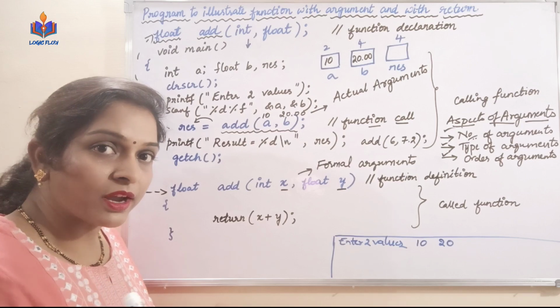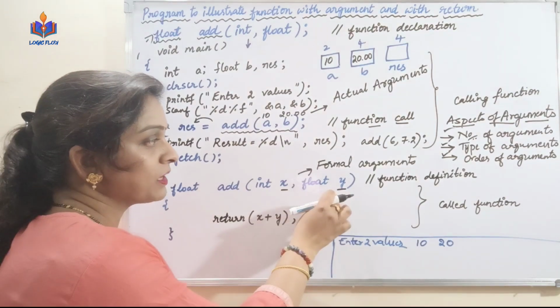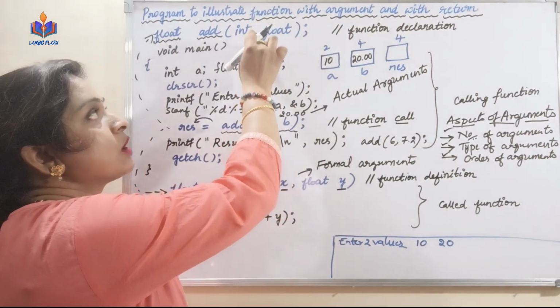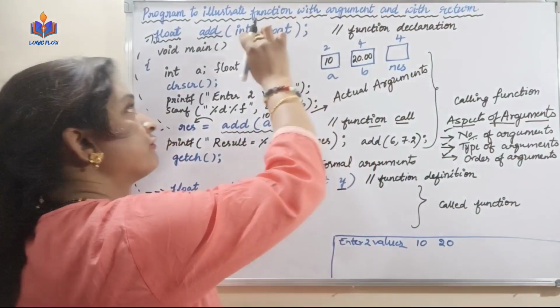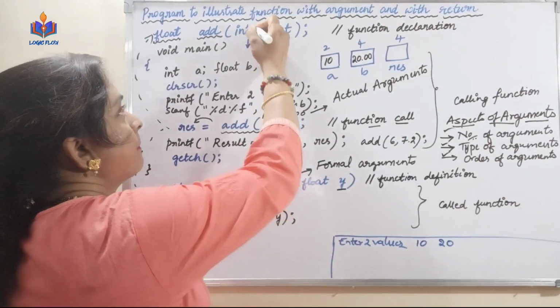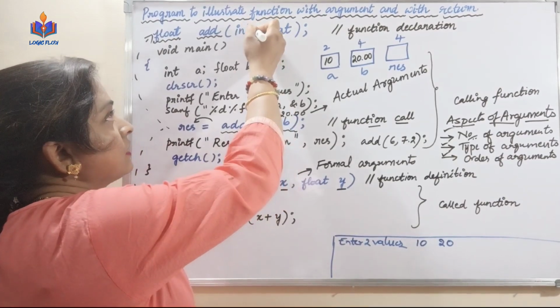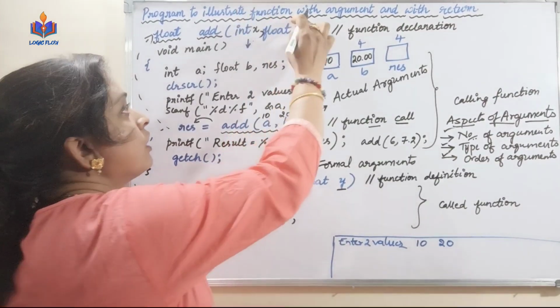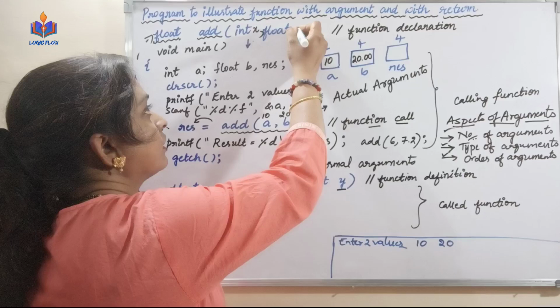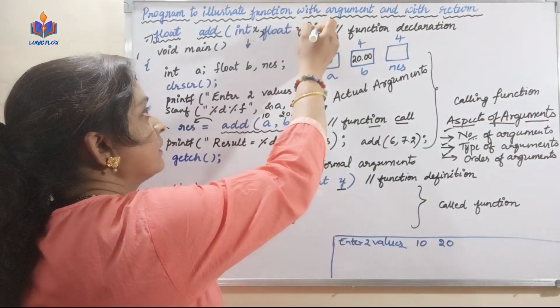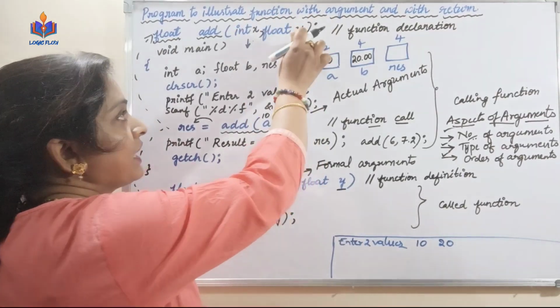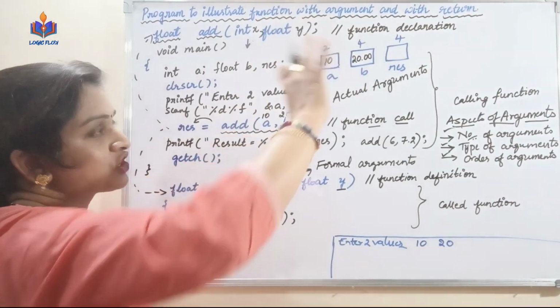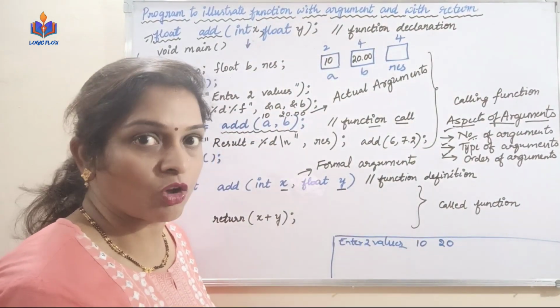These formal arguments can be placed in the declaration also. If I have the variable names mentioned there itself, int x, comma, float y, semicolon, then these variables given in the declaration act as formal arguments.